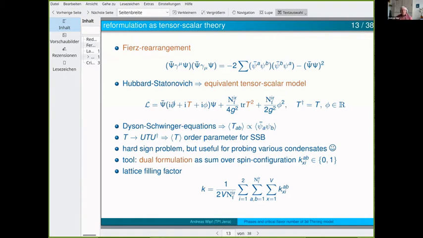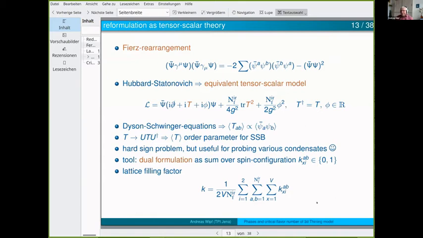Okay, so then we can set up a dual formulation. There's no time to discuss that, but the main variable in this dual formulation is a lattice filling factor K. This is a spin field which actually counts the powers of the Fermi fields, which is between 0 and 1 and not 2 because of Pauli blocking, the Pauli principle.